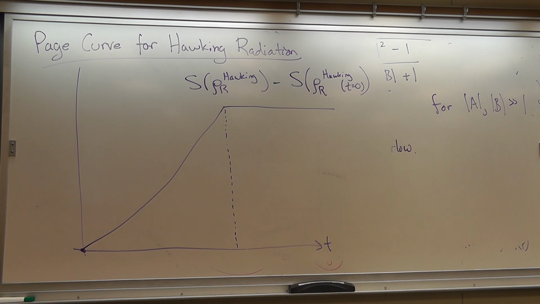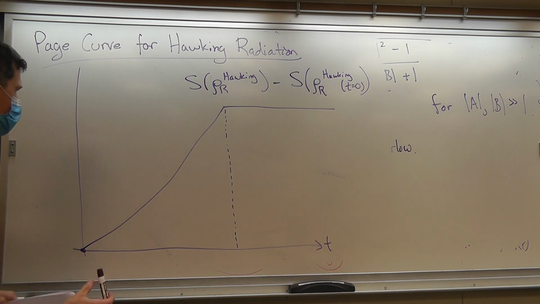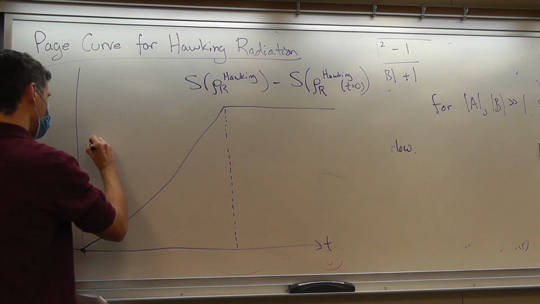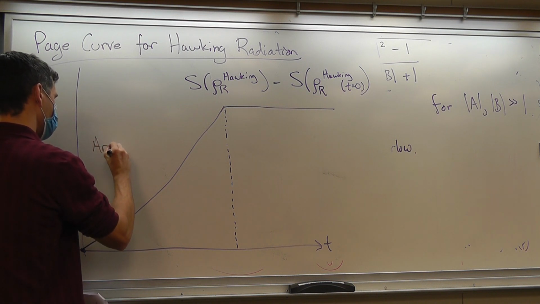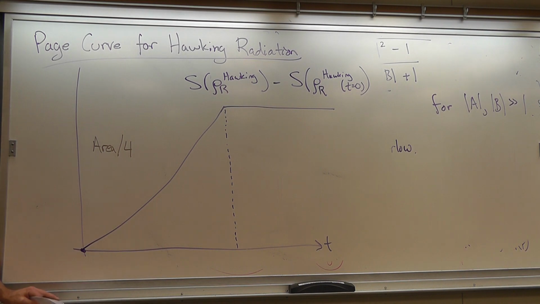See if I have another color that works. So the next thing I'm going to plot is area over 4 of the black hole. Remember, in black hole thermodynamics, black holes seem to have entropy area over 4.